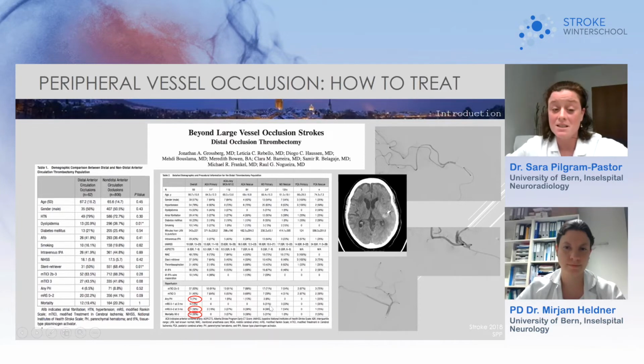They did find an improvement of mRS in 30% of the patients, and in 7% of the patients, they found a hemorrhage, an intracranial hematoma, caused by the thrombectomy of the distal vessel occlusion.